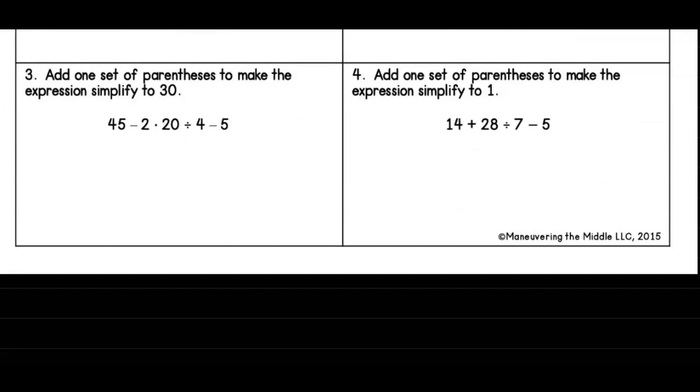Okay, so let's try again. We know we cannot put parentheses here, so let me put parentheses here and see what happens. We said that our rule for simplifying expressions, the rules of math, is that we need to find parentheses first. So if I put parentheses here, I'm going to have to solve that first.